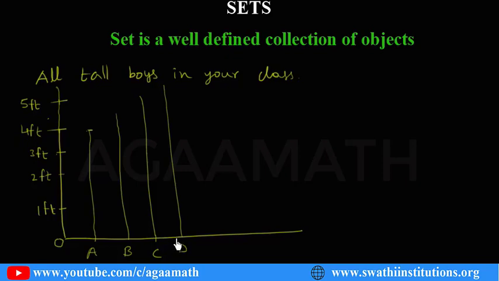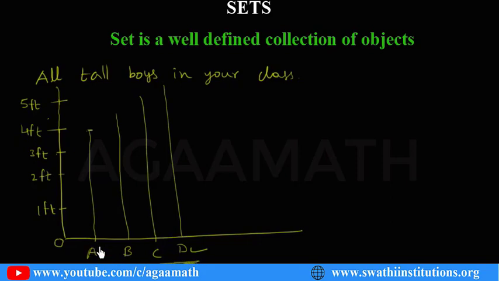So whether this is a set or not, if you see, D is the tallest boy in the class. If I look into this, comparing D with all the other 3, I feel D is the tallest. But according to some other person, comparing with these two, he may feel C and D both are the tallest boys.